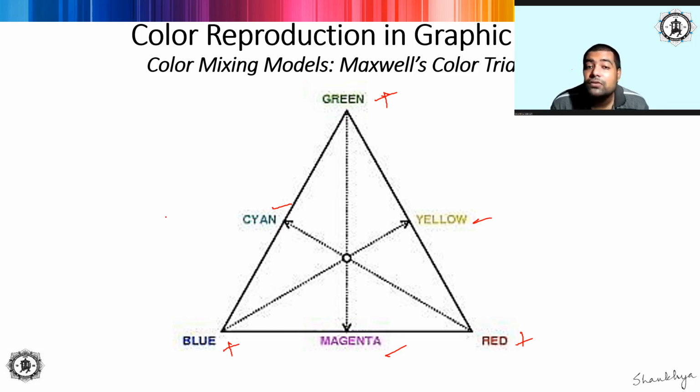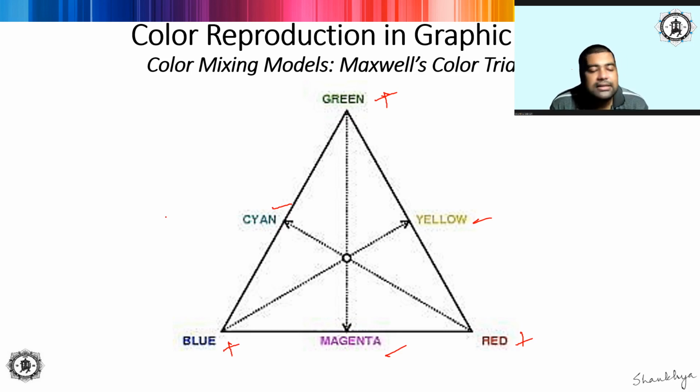This is not to be confused or correlated in any way with the artist's color wheel. The artist's color wheel is a completely different thing that we will be talking about in our print design class in the next upcoming semester. So that is basically the arrangement. It's basically one form of color order system, very much like the Munsell system, which is basically an arrangement of colors based on some of their intrinsic properties, mainly hue, saturation and lightness.